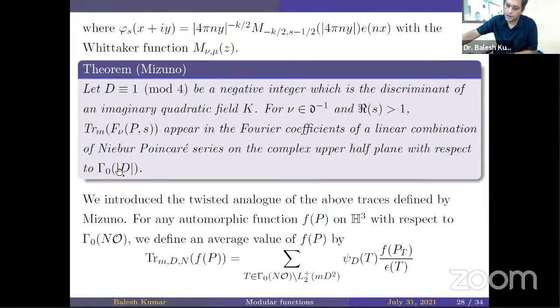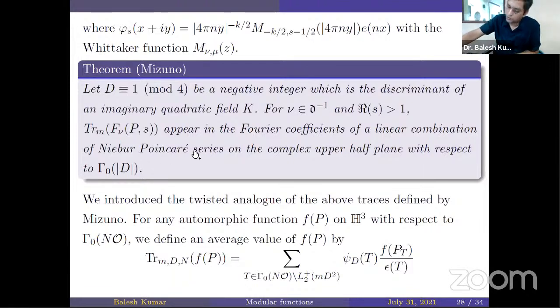If you take gamma naught D as a congruence subgroup of SL2(Z), then this corresponds to the level 1 inside the Bianchi modular group. And this Poincare series is defined on three-dimensional hyperbolic space. So this is the sort of result that Mizuno proved.